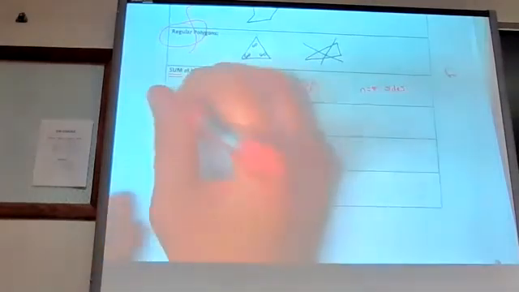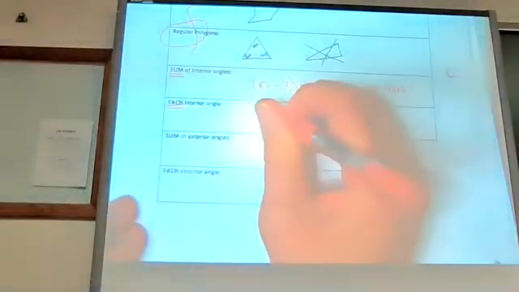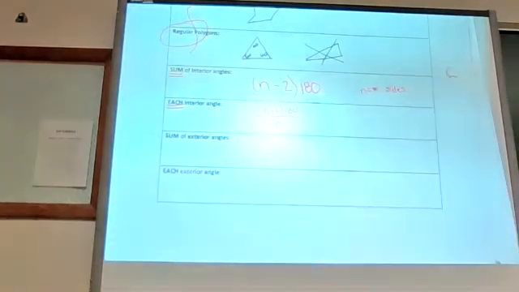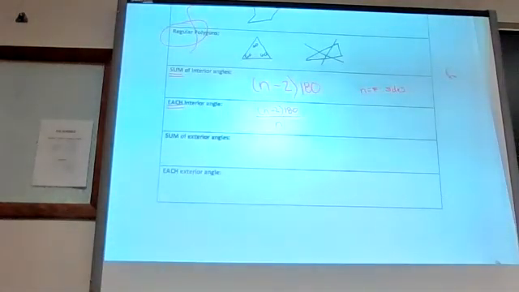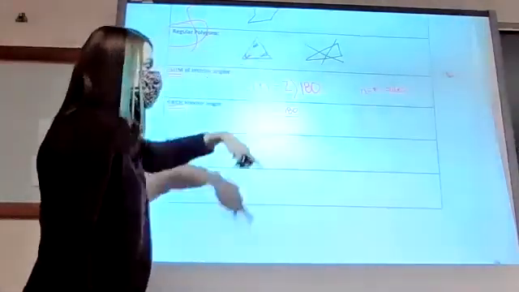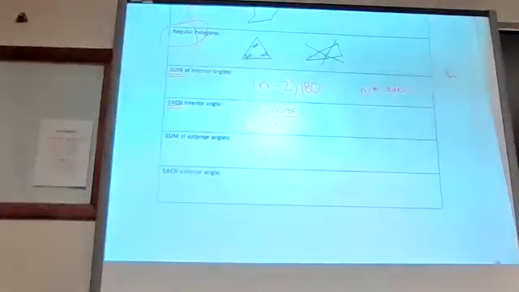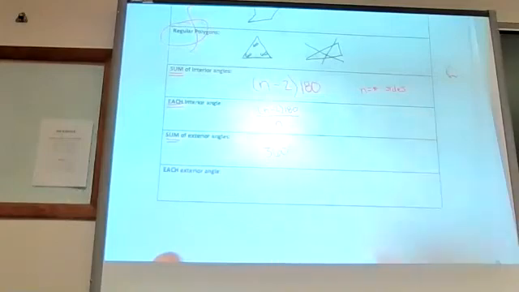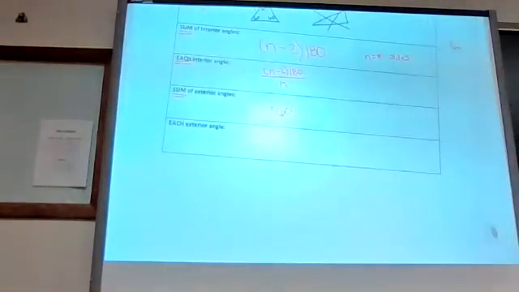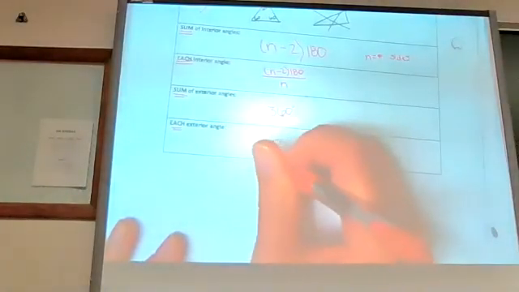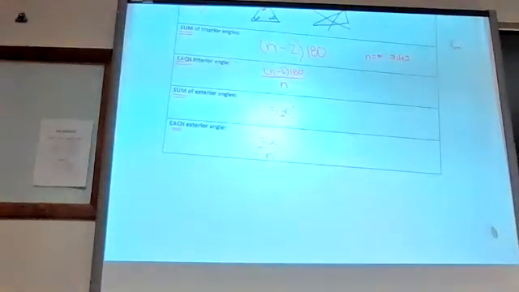If I want to find each angle, then I need to do the same thing, find the total, but then divide it by the total number of sides that shape has to find each individual angle, which again, we're talking about shapes where all the angles are the same. Easiest one, the sum of my exterior angles is 360. So therefore each angle is that sum divided by the number of sides.